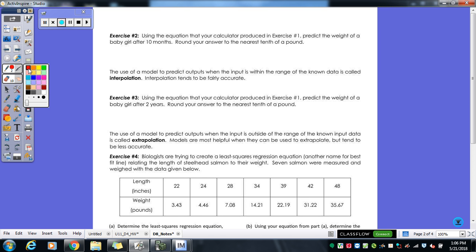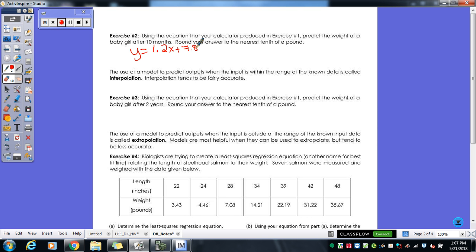So exercise 2, using the equation that your calculator produced in exercise 1, predict the weight of a baby girl after 10 months. Round your answer to the nearest tenth of a pound. So our equation was 1.2x plus 7.8, right? Somebody flip over on the front to see if my memory's right.